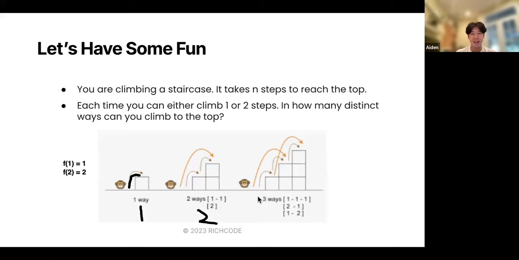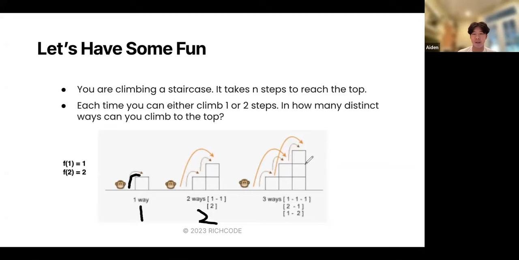And so if you look at this one here, which is essentially f of 3, you can see that it's this first step stacked on top of the second step, sort of. And so there are three ways that you can continue with this one.